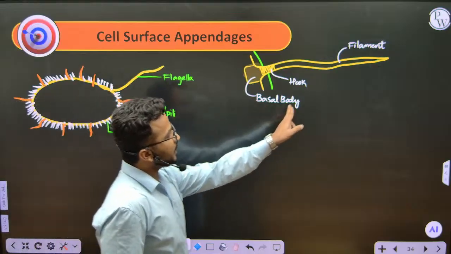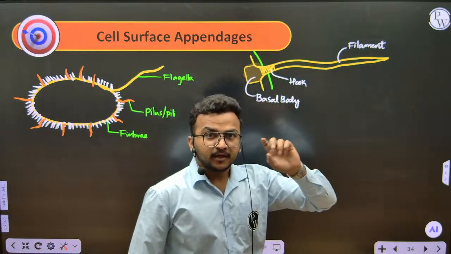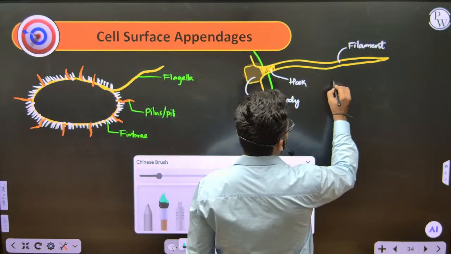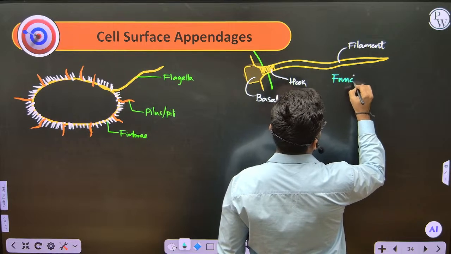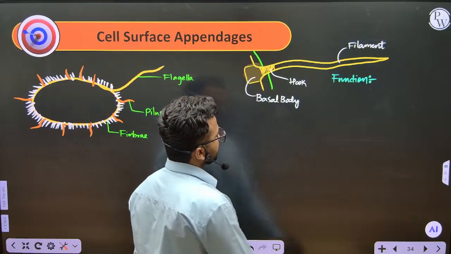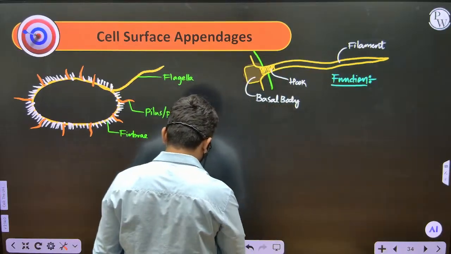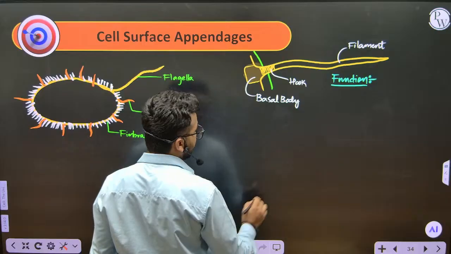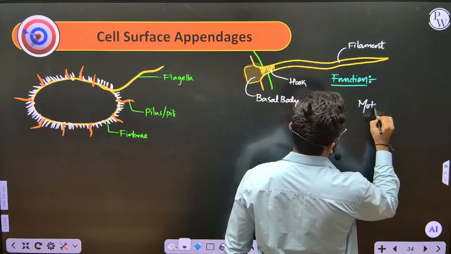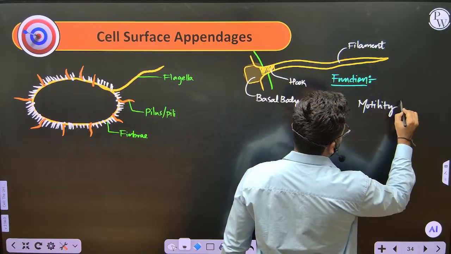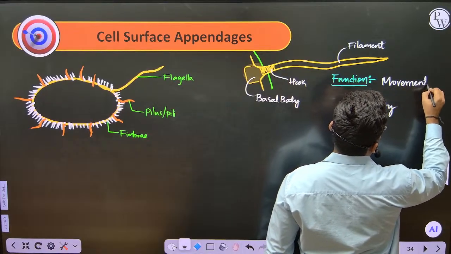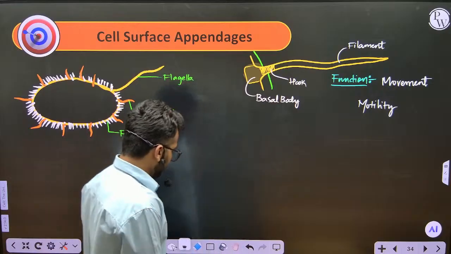So these are the three parts of flagella, and the function of flagella here is for motility, or for movement. Motility or movement, both are the same here.